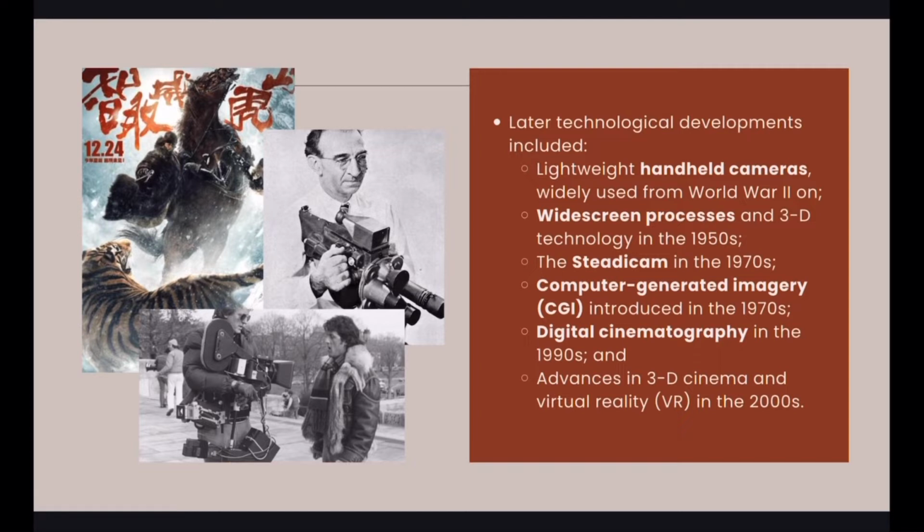So the film Taking of Tiger Mountain was filmed with 3D technology and used a lot of CGI in its animals and explosions in particular.